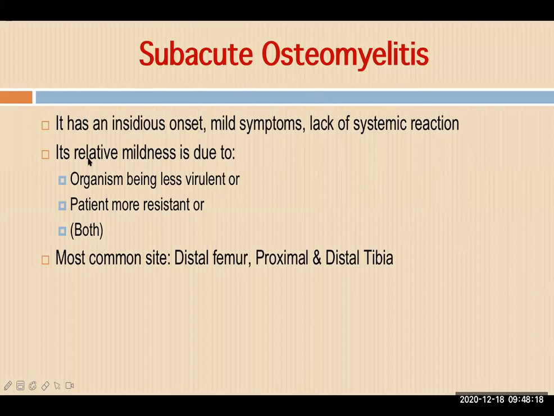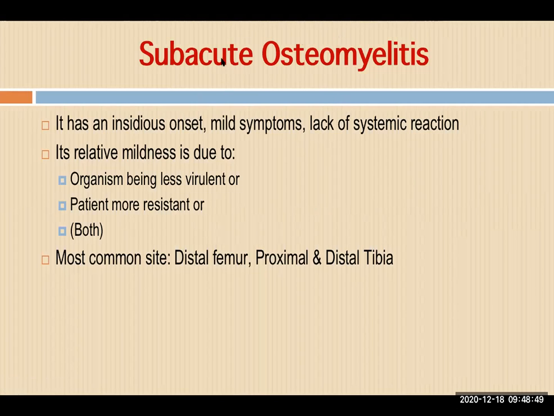Its relative mildness is due to a less virulent type of organism, the patient becoming more resistant, or a combination of both, isn't it? We have to think why some patients develop serious symptoms and others develop milder symptoms. Probably it is their immunity which is playing a role there. And another important point is the bacteria are probably less virulent than in the acute variety.